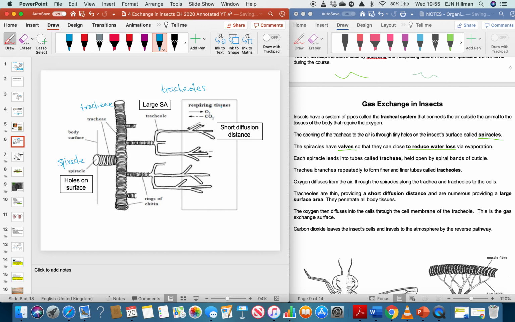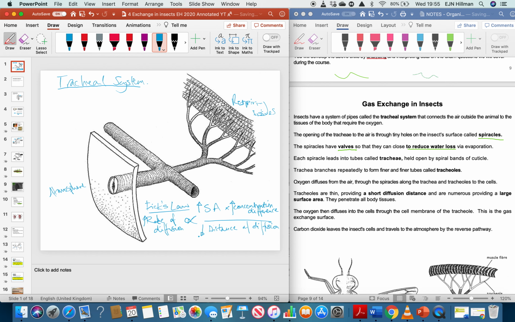And it's the tracheoles with all their many fine branches which increase the surface area. So we think back to Fick's law, that's increasing the surface area with the tracheoles.